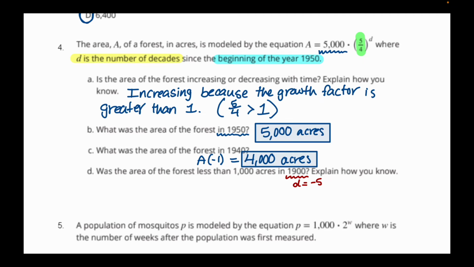So we're actually just going to evaluate the area when D is -5. So that would be the 5,000. We would multiply by 5/4 and make sure on our calculator we input -5 for the exponent. When we evaluate this, or when you press enter on your calculator, the answer that we get is 1,638.4.